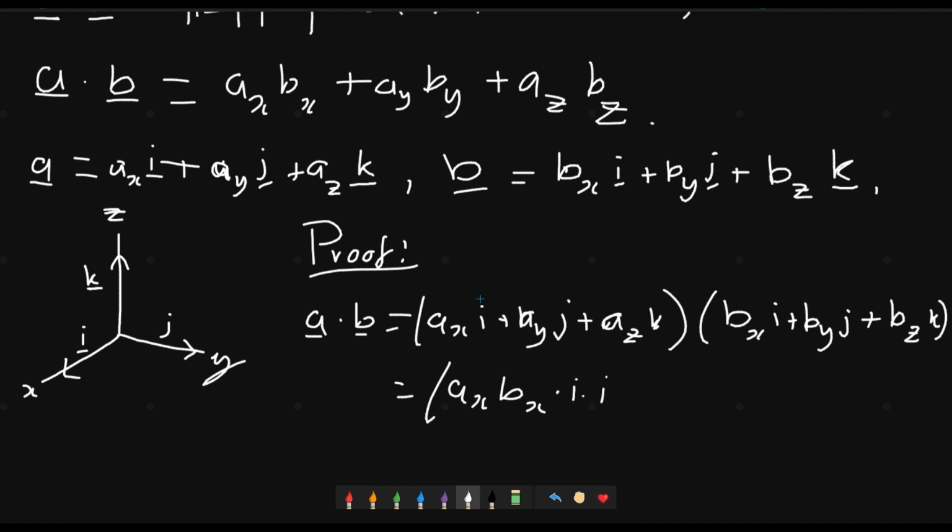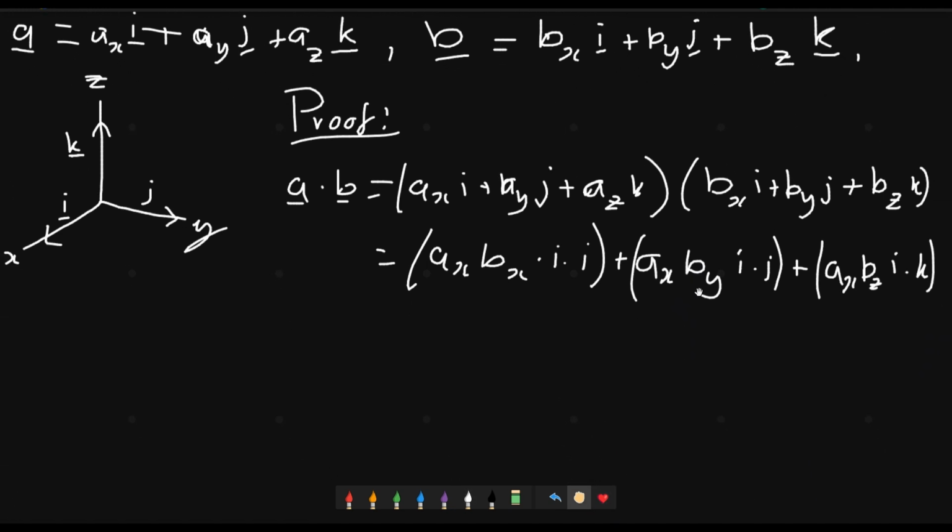Okay, we're allowed to do that, so we've just gone AX I times BX I. Then it's going to be plus AX I again, we get AX I times BY J, so it's going to be AX times B sub Y times I times J. And then it's going to be plus A sub X B sub Z I times K.